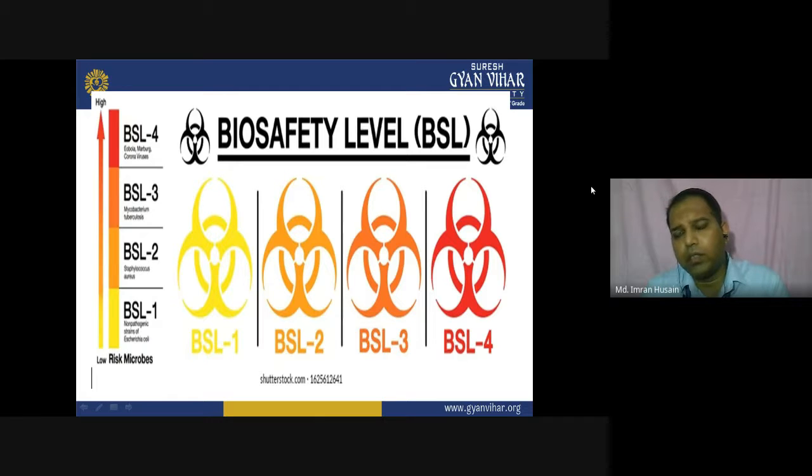But the real difference starts with the BSL 3 facility, where pathogens like Mycobacterium tuberculosis are handled, and further BSL 4, like Ebola and coronavirus. They are all worked on under those laboratory conditions, under those containment facilities.